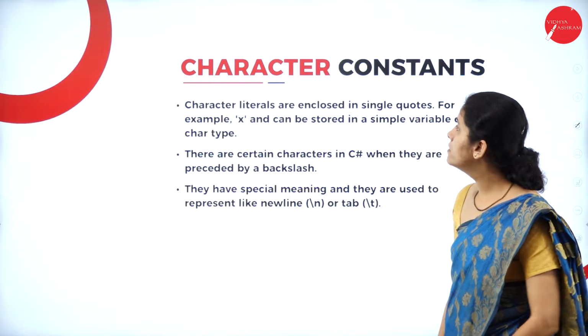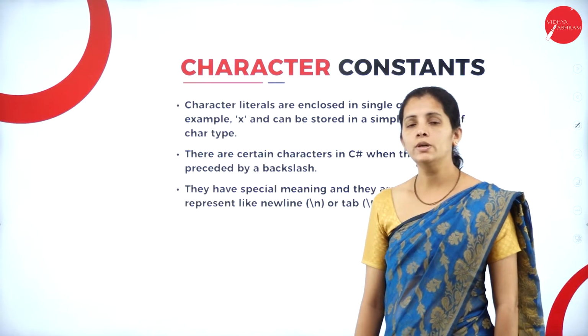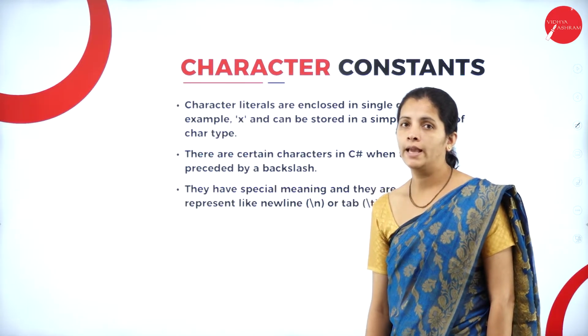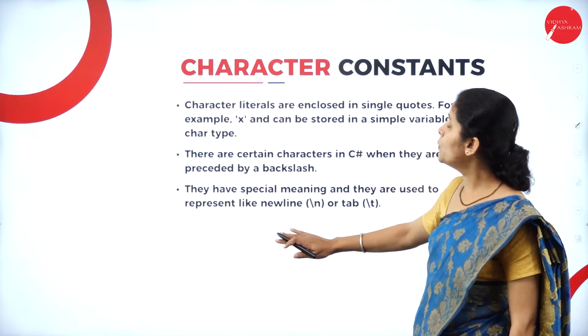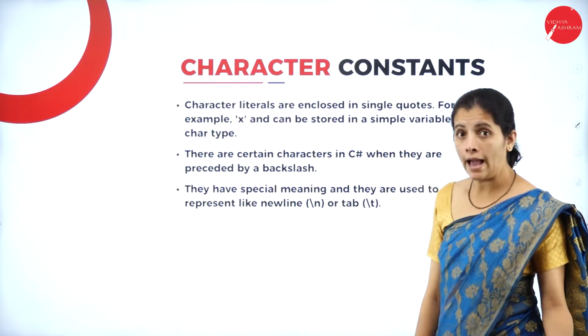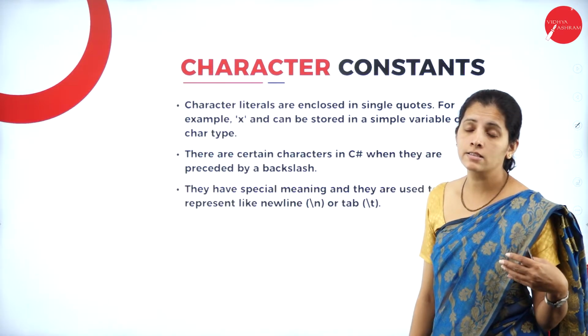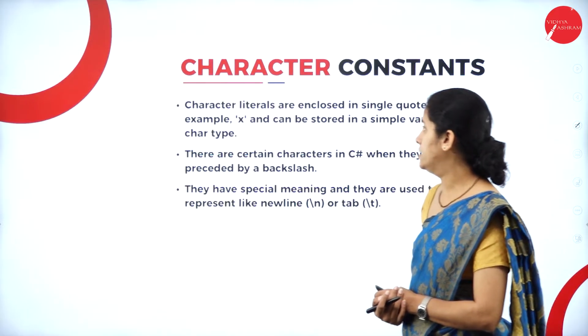Now, I have character constants. So, dear student, if I want to assign a single character, then I can go with a character constant. And if I have an array of characters, then that is an example of a string constant.